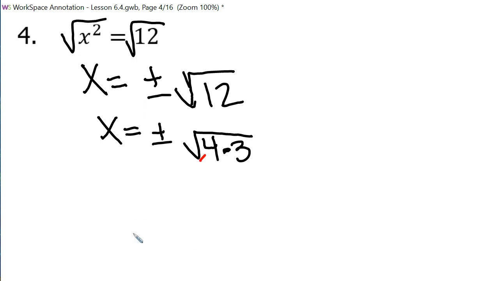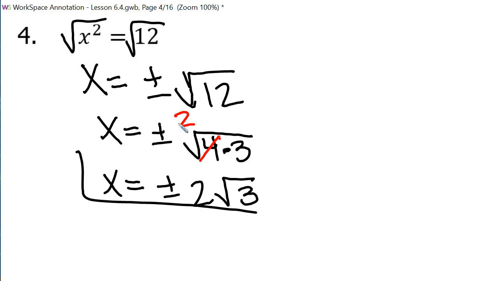Then mark out the 4. What's the square root of 4? 2. So this would be x equals plus or minus 2 square root of 3. That's the answer. Make sure your answer is in simplest radical form.